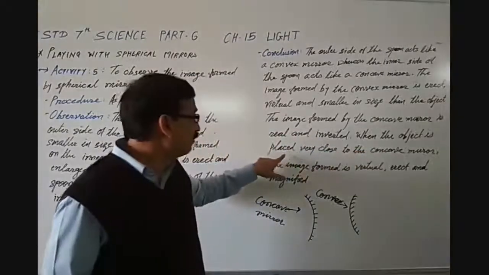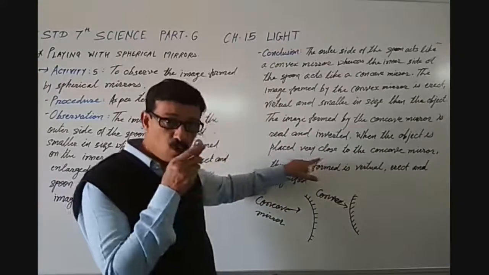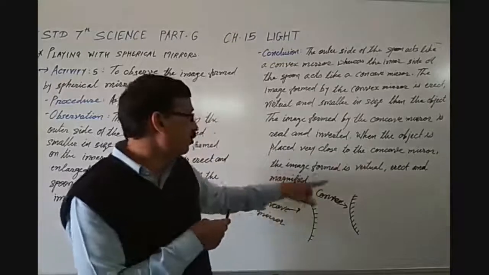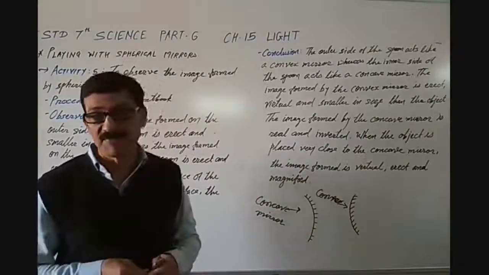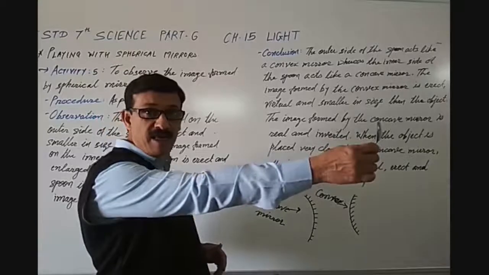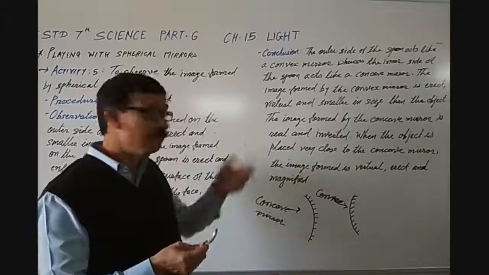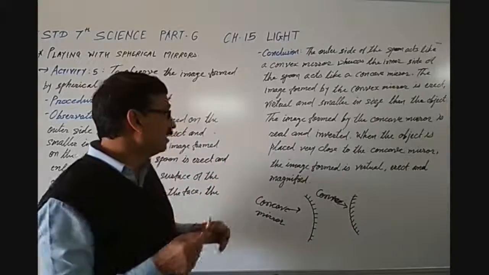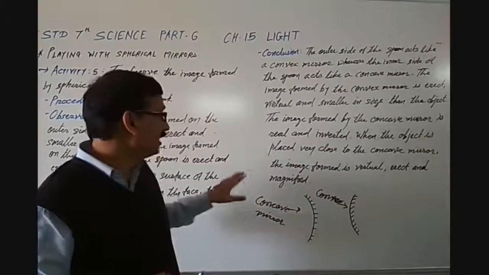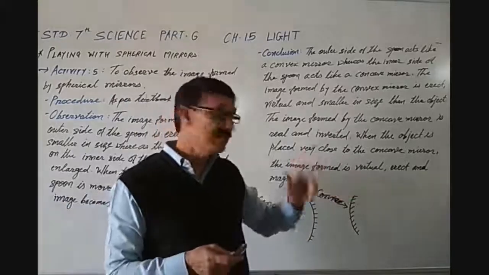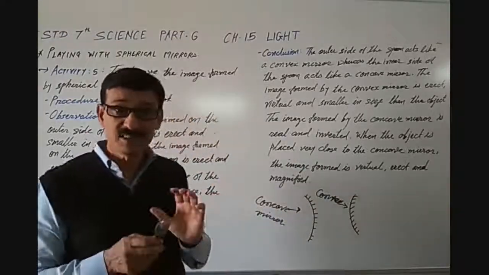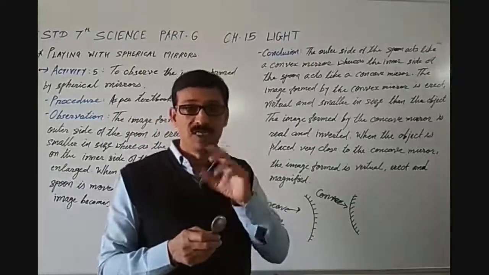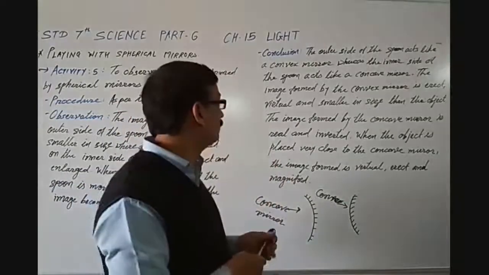When the object is placed very close to the concave mirror, the image formed is virtual, erect and magnified. So if it is far, then the image is smaller and inverted, but if it is near the object, then the image formed is virtual, erect and magnified, meaning more than the size of the object.